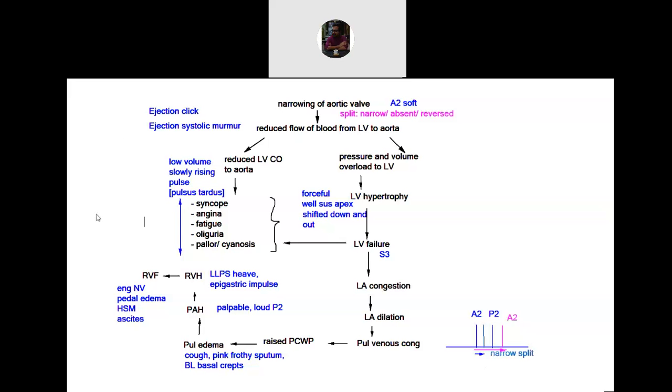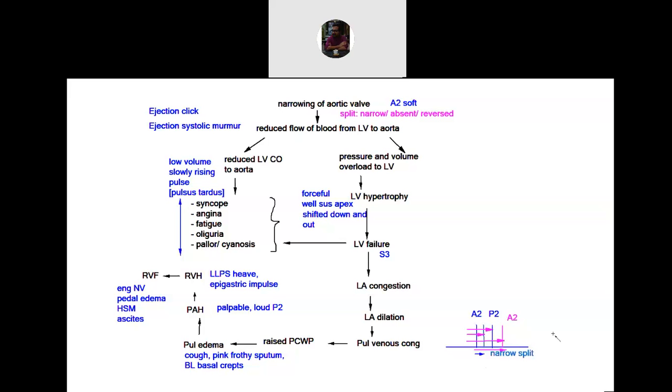Accordingly, obstruction of the orifice is known as valvular stenosis. Obstruction below the orifice is called subvalvular stenosis, and obstruction above the orifice is called supravalvular stenosis. But in effect, they produce the same thing: they cause obstruction to outflow of blood from the left ventricle. So technically they are all aortic stenosis, but truly valvular stenosis is the stenosis that occurs around the orifice.